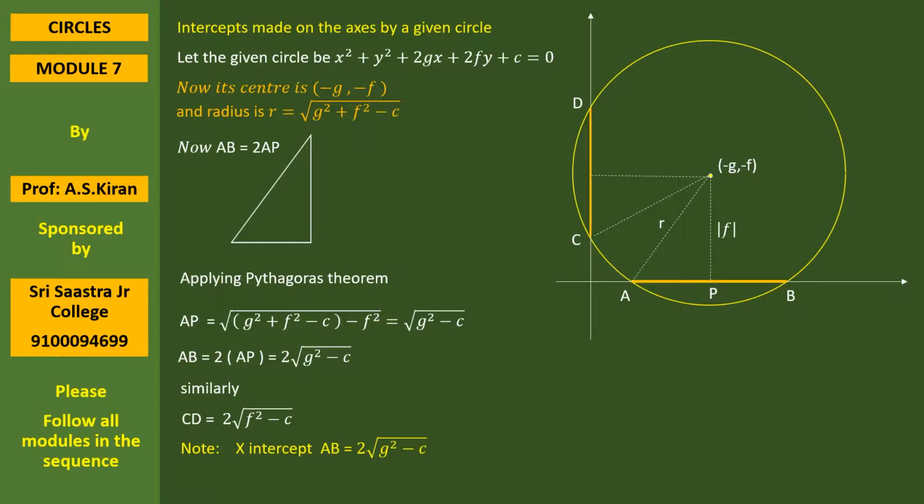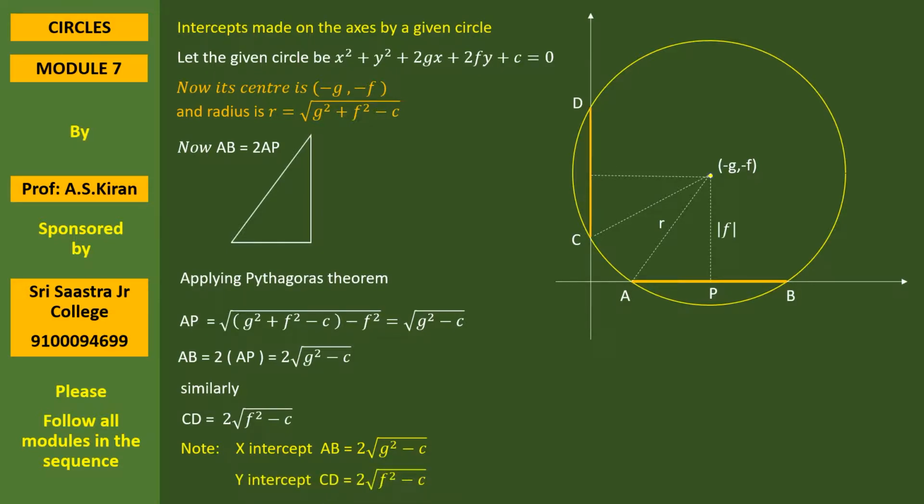Now, hereafter, please remember it as a note. For any given circle with a general equation x square plus y square plus 2gx plus 2fy plus c is equal to 0, the x-intercept made by it along x-axis is 2 root of g square minus c.